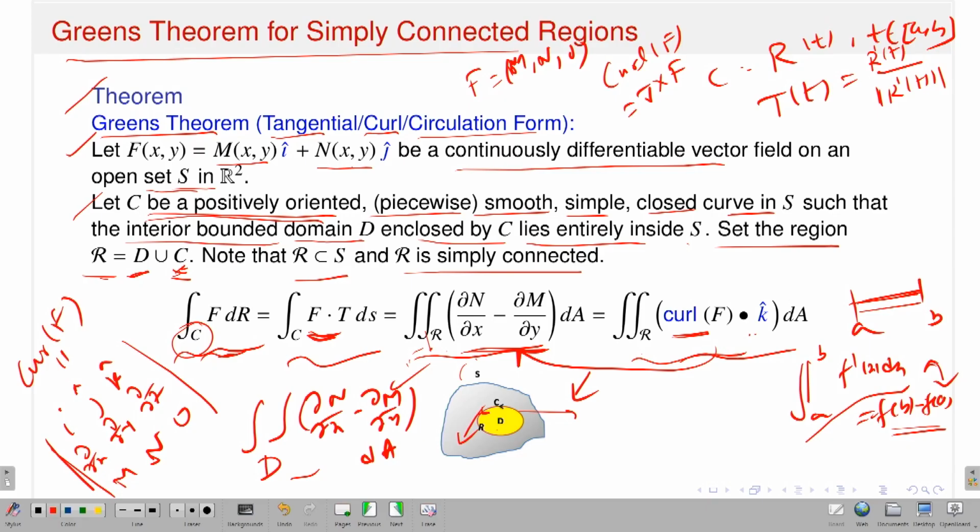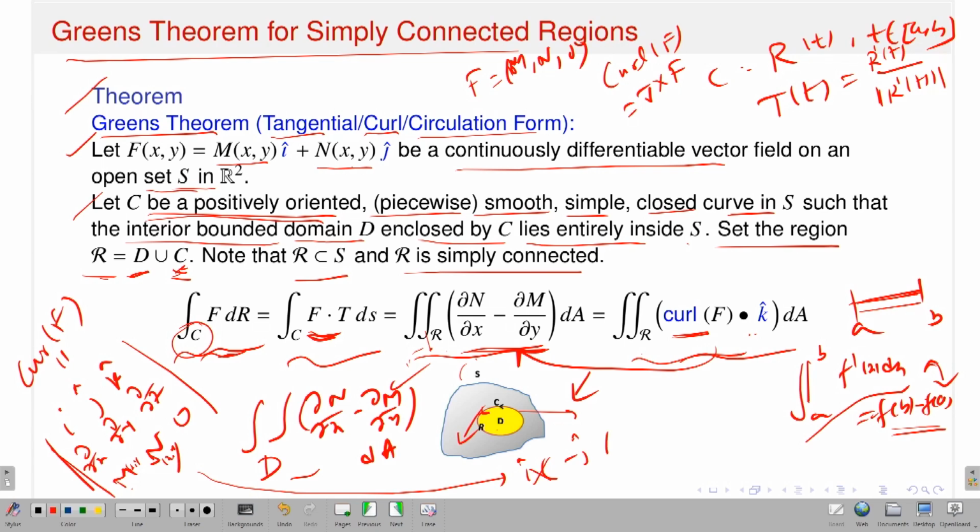Now let me just calculate it. The first one is i cap times, this is 0, because N is a function of x comma y, so there is no contribution in i cap.